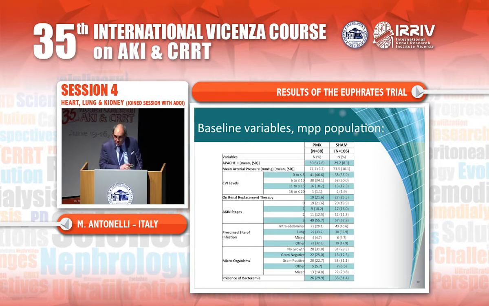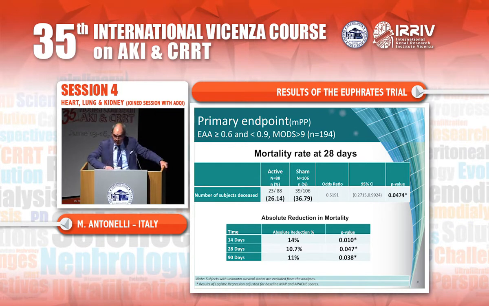As soon as you refer to this specific population, you see that there is a different result. You have a decrease of mortality rate at 28 days, which is quite significant, with a p-value of 0.0474, having a crude mortality that is 26% in the patients receiving the active treatment, almost 37% for patients in the sham group.